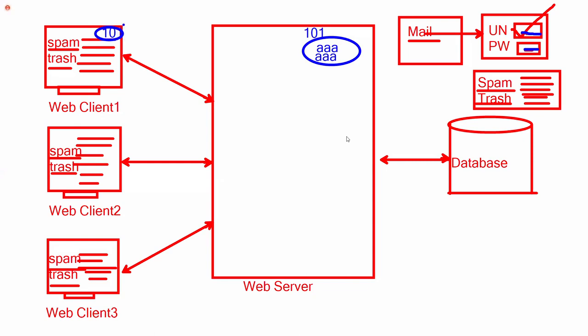Say you type username and password and click the submit button. Then your username and password go to the server. The server communicates with the database and checks whether the given username and password are there or not. If it is there, then the data is maintained in server memory. For that, one ID is created, and that ID is passed to the browser with the mailbox. That ID is stored in your browser.